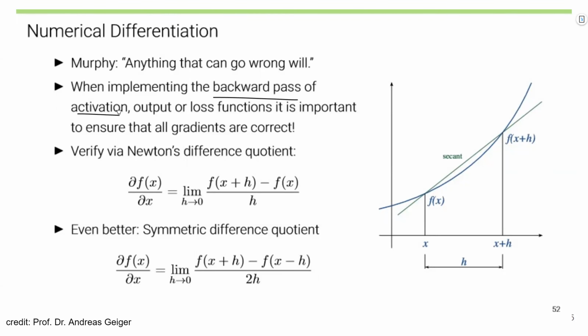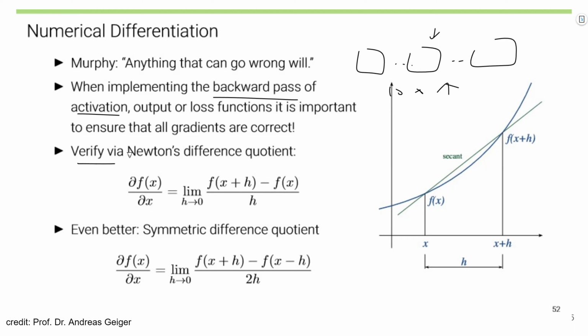When we're implementing the backward pass of activation, we need to be very careful because we are connecting multiple modules, and these modules can be more than 100. And if any one of them goes wrong, then the whole system becomes useless. Therefore, you need to be very careful when implementing the backward pass.